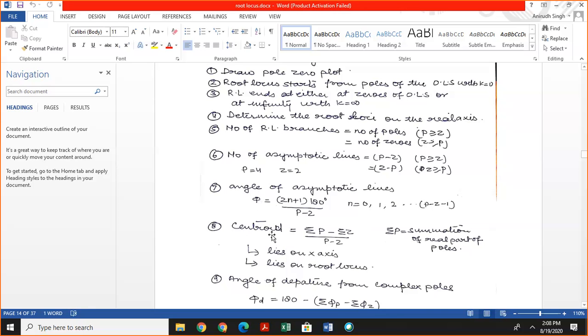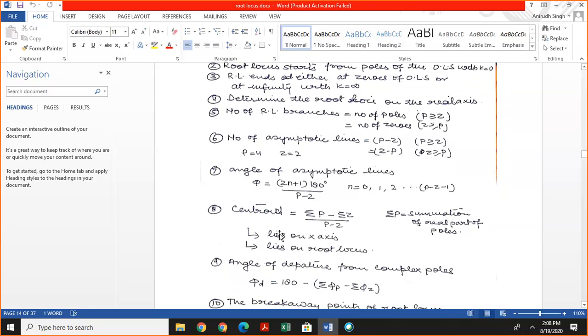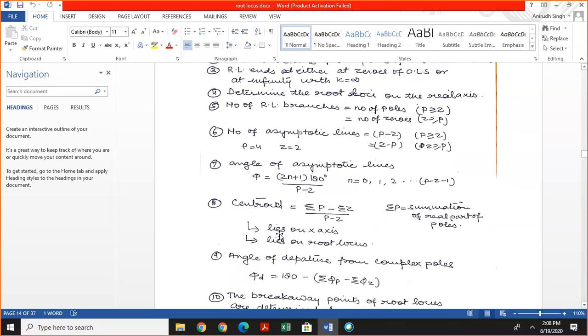Then calculate the centroid. The centroid is the crossing point of the asymptotic lines, and it is given by the summation of real parts of poles minus the summation of real parts of zeros, divided by the number of poles minus the number of zeros. The centroid always lies on the x-axis, or on the root locus.